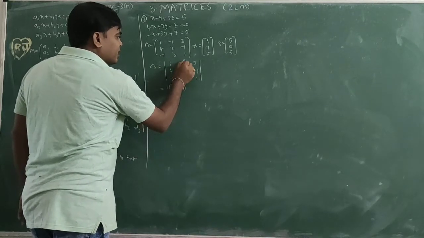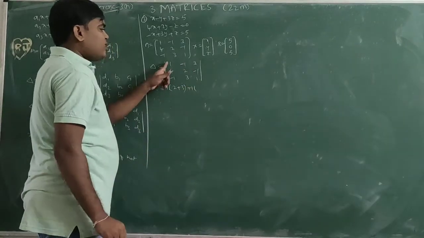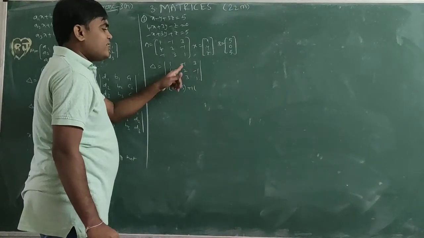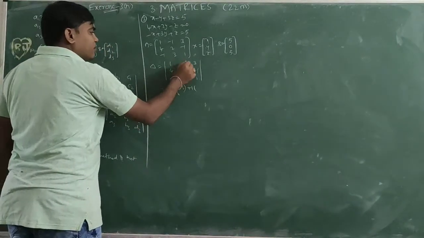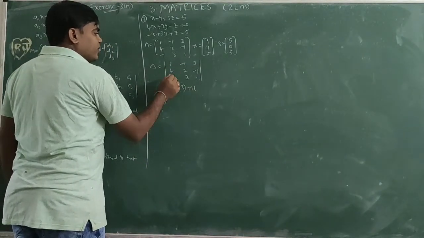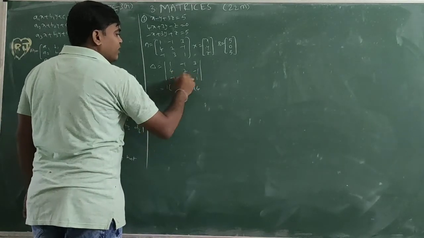The first sign stays as it is, the second sign is changed, the third sign stays as it is. Minus, minus 1, so changing the sign, plus 1 times 4 into 1, 4, minus 1 into minus 1, plus 1, this side.